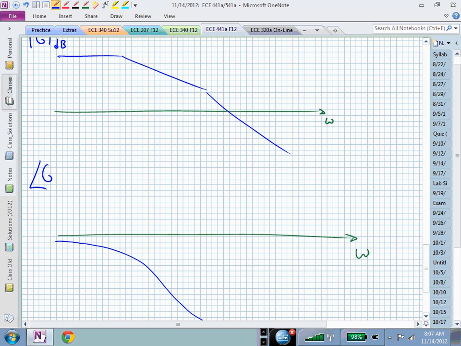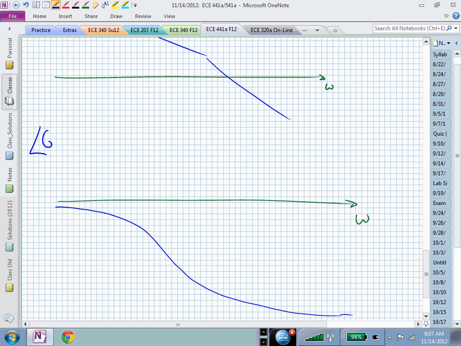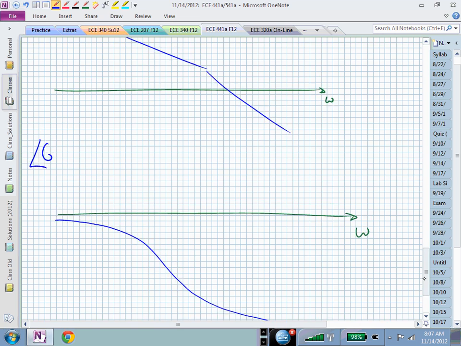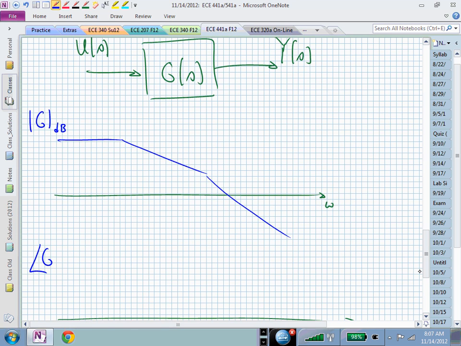And this is the open loop frequency response of your system. That open loop could be a combination of the plant and the controller. Taken together, you're exciting that system and seeing how it behaves relative to amplitude and phase, or magnitude and phase.